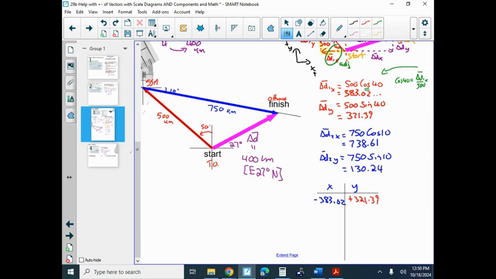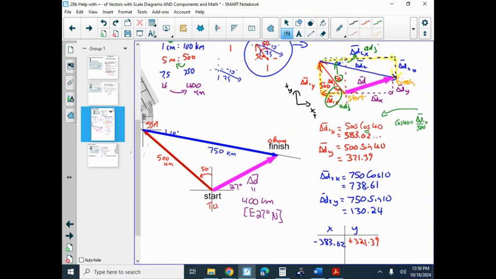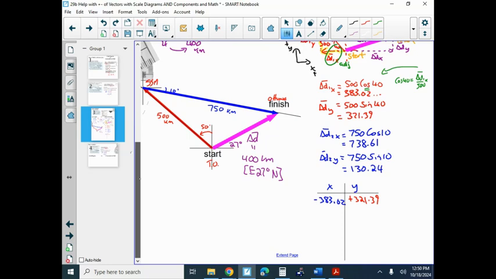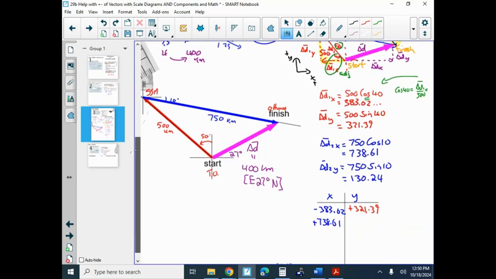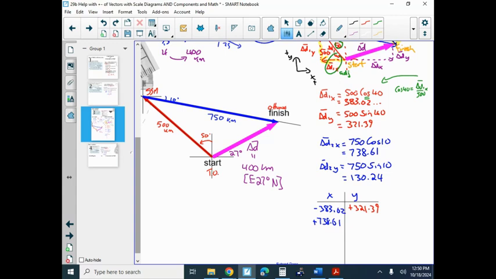Then I'm going over now quite a ways, the delta d2x, so over a positive value in the horizontal of 738.61. And then the final is going down, that final y value, so down the 130.24. Okay. So that's what we have as our numbers.